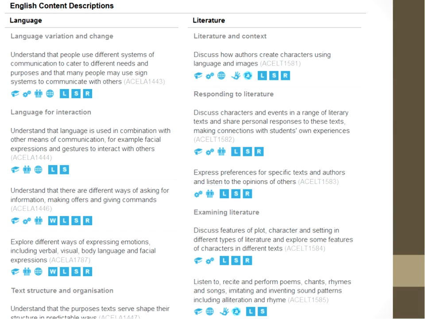So there are different literary tools for expressing emotions. And these things are in children's stories, in nursery rhymes, and so on.